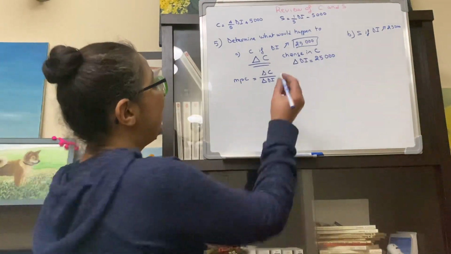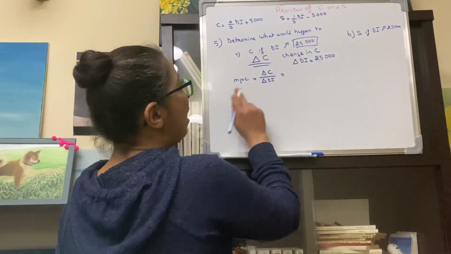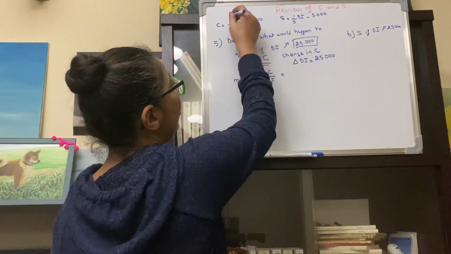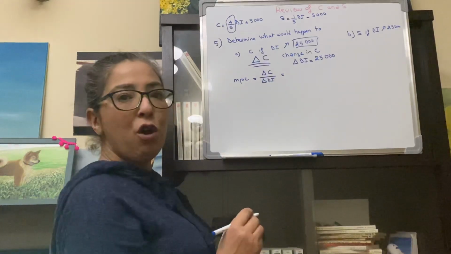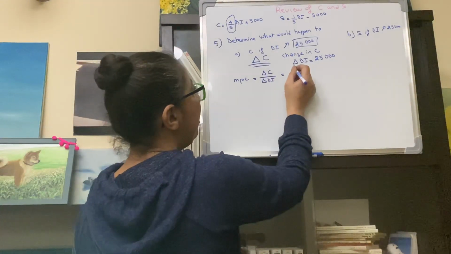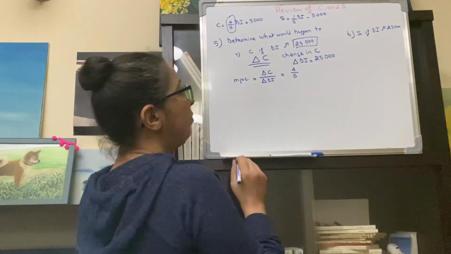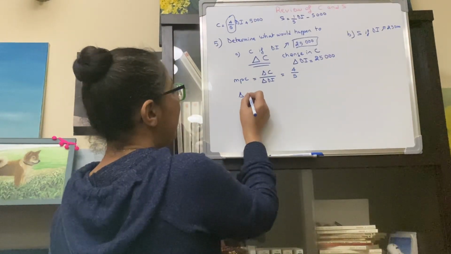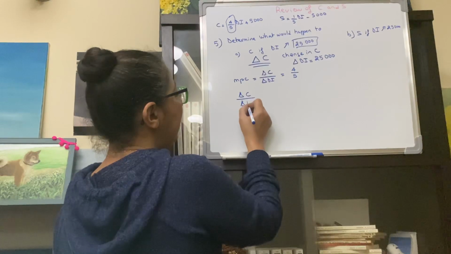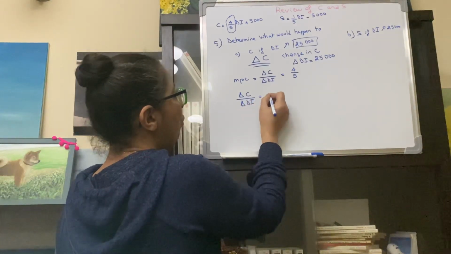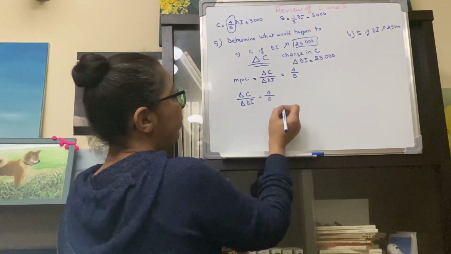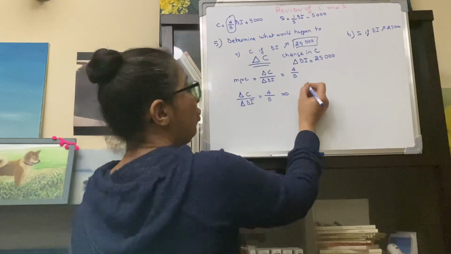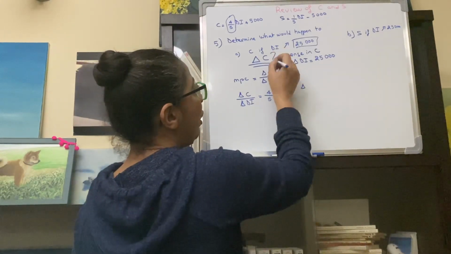So my MPC, remember, it's always the slope of the consumption function, is equal to 4/5. So delta C over delta DI is equal to 4/5. Delta C is the one we're looking for.